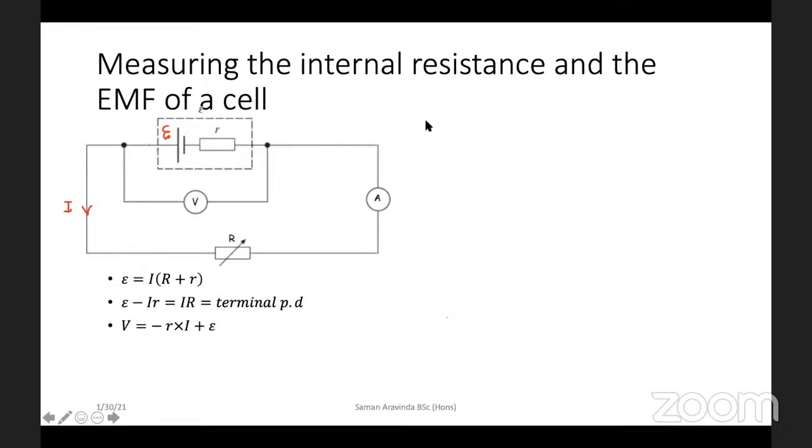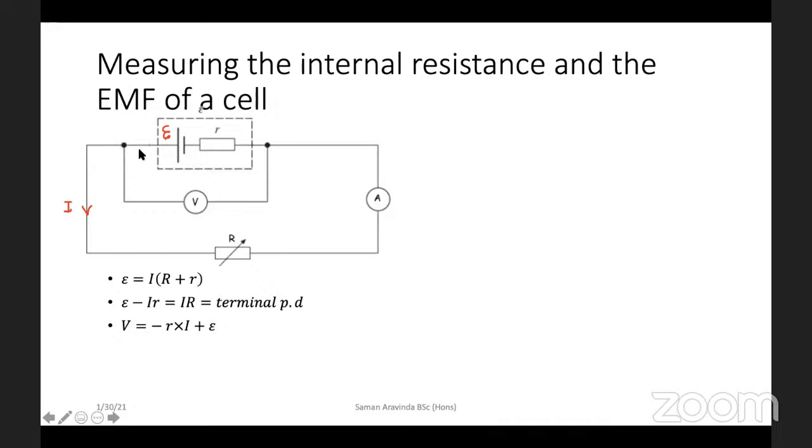That's good you asked. How is the voltmeter connected across the variable resistor? It's connected in parallel. So by measuring the terminal potential difference, I measure the potential difference across the variable resistor, isn't it?